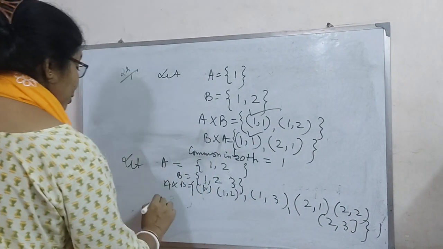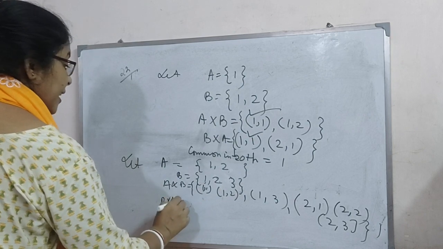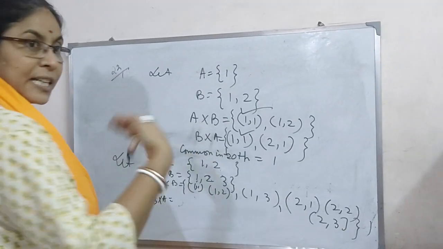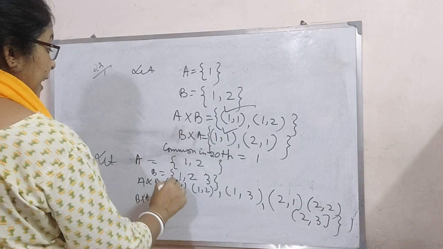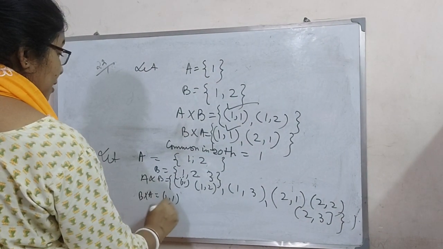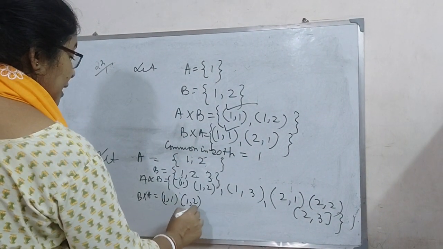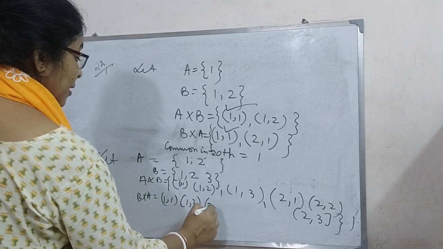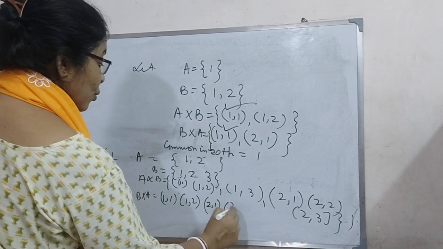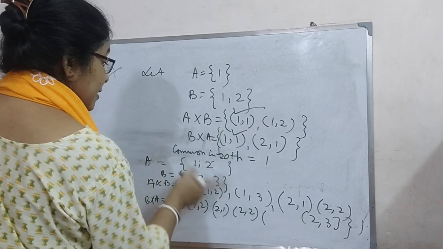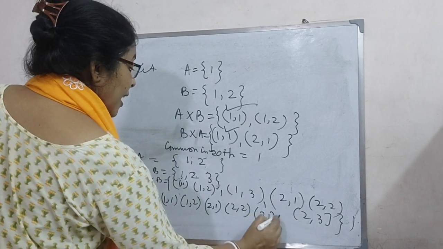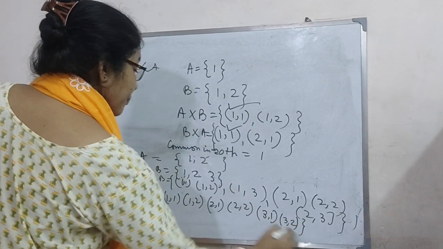This is the Cartesian product. And B cross A, with first element from B and second element from A, is (1,1), (1,2), second (2,1), (2,2), and third (3,1) and (3,2).